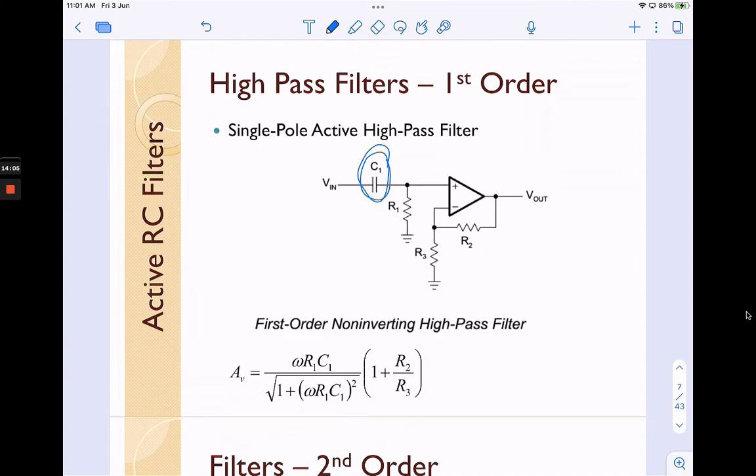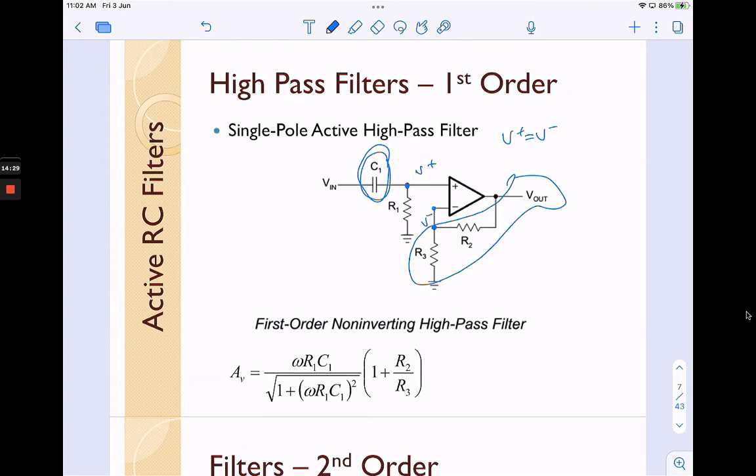right after Vin. Okay, so you can use similar analysis, by taking into consideration this voltage here, using the voltage divider for V plus, and then V plus equals V minus. You can get at this location, so this is V minus, and then again you can use the voltage divider rule for this portion.